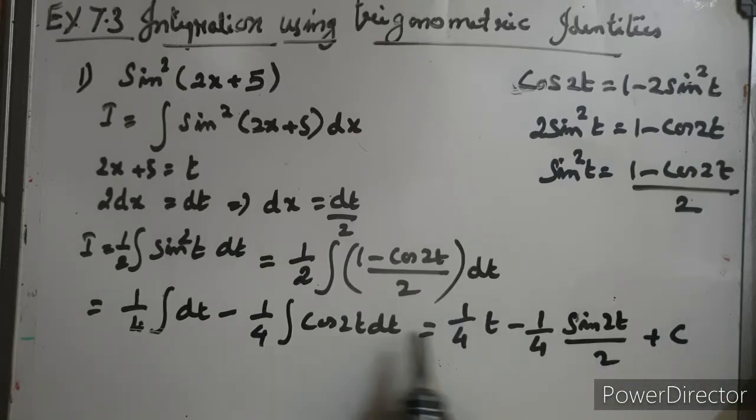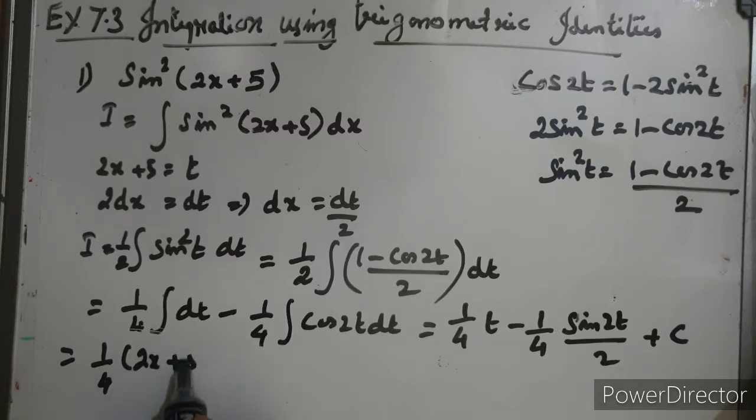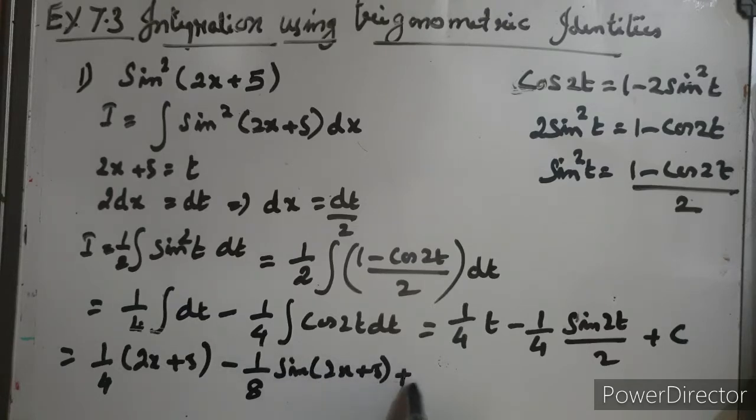Now we have to replace t as 2x plus 5. So this will become 1 by 4 of 2x plus 5 minus 1 by 8 sine of 2x plus 5 plus c. We can multiply this, we get 2x by 4 plus 5 by 4. So 2x by 4 is x by 2 plus 5 by 4 minus 1 by 8 sine 2x plus 5 plus some constant c.